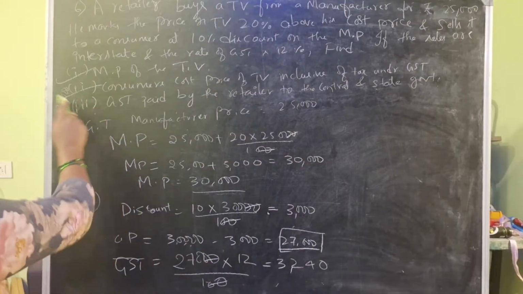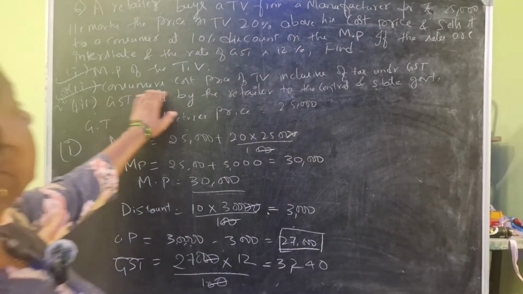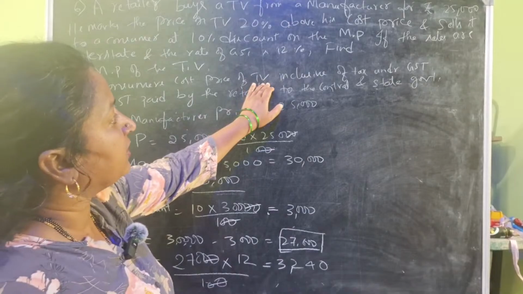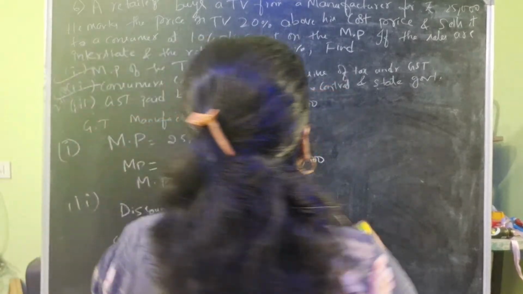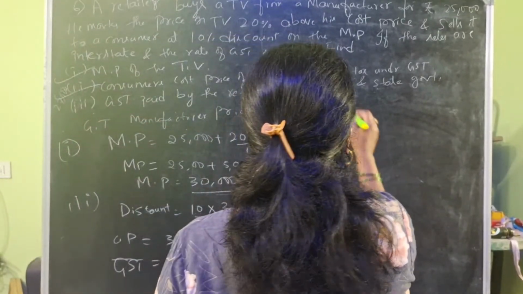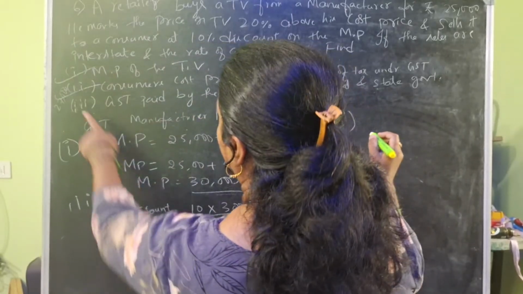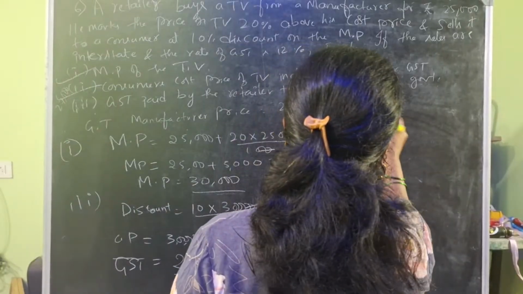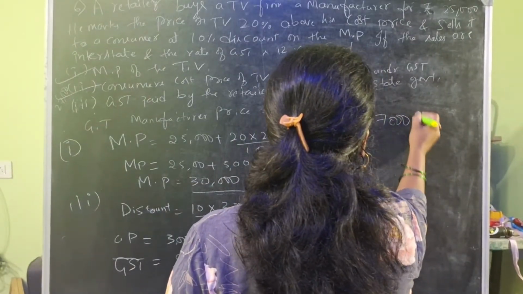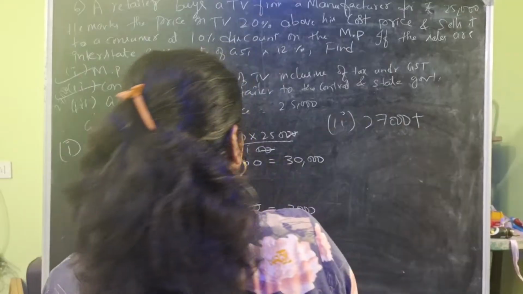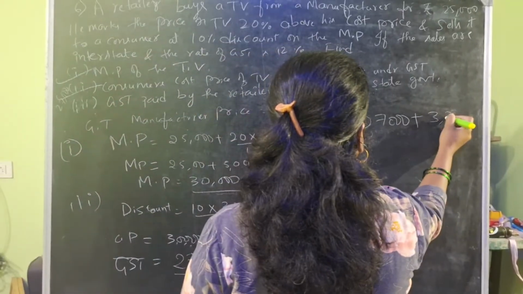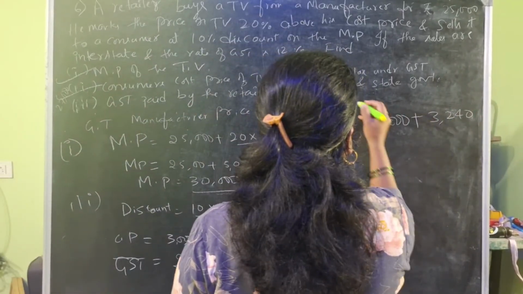And again we have to find the consumer's cost price of the TV inclusive of GST amount. That is the cost price 27,000 plus GST 3,240.